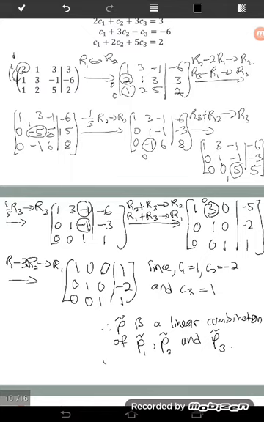Where P is equal to C1 times P1, so 1 times P1, so P1, and then C2 times P2, negative 2 P2, and C3 times P3, so we have 1 P3.